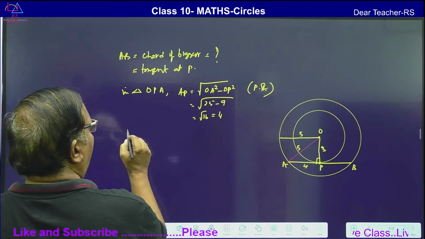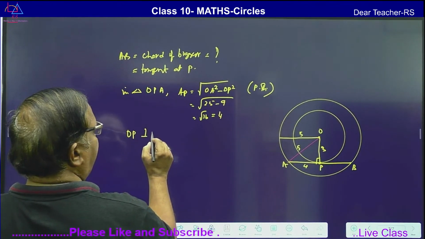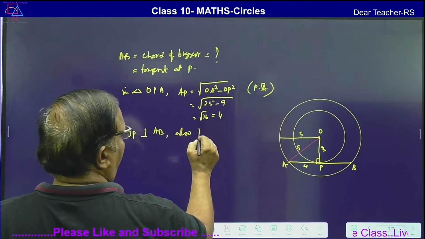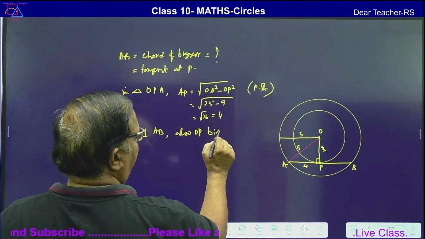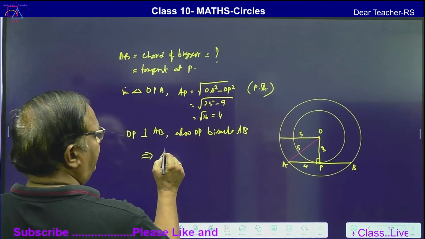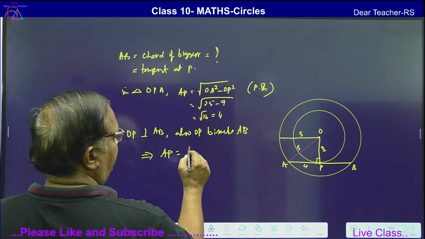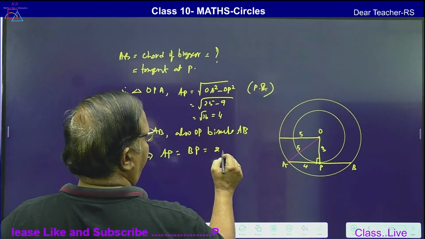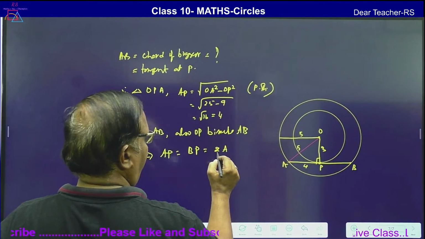OP is perpendicular to AB and also OP bisects AB. That means AP is equal to BP is equal to half AB.